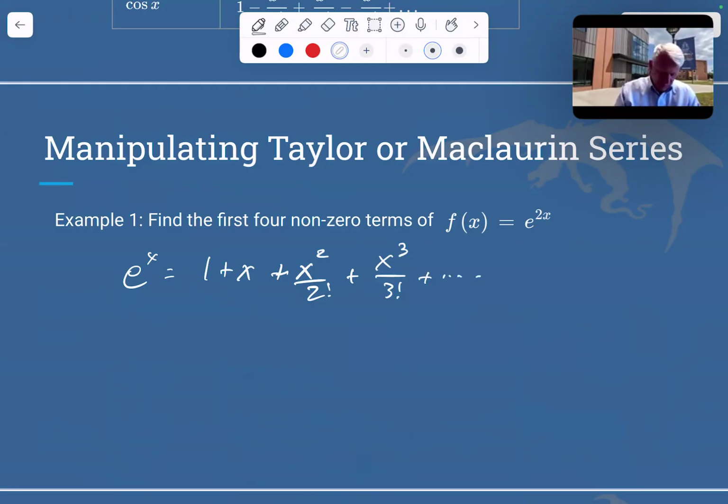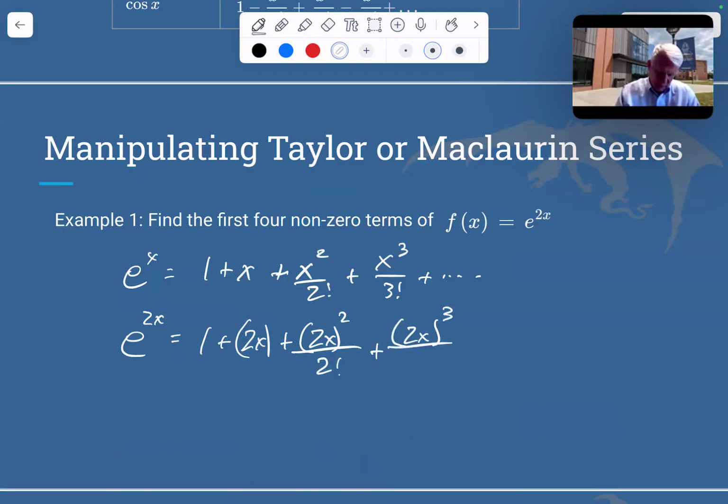Okay. So what happens if I have e to the 2x? Well, in essence, what you're doing is taking this 2x and plugging it wherever you have x. So I have 1 plus 2x plus 2x squared over 2 factorial plus 2x cubed over 3 factorial. And that's it.